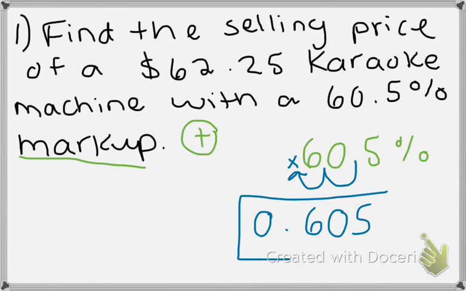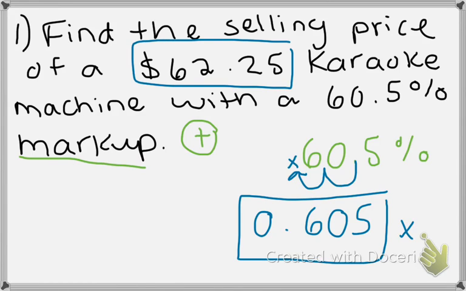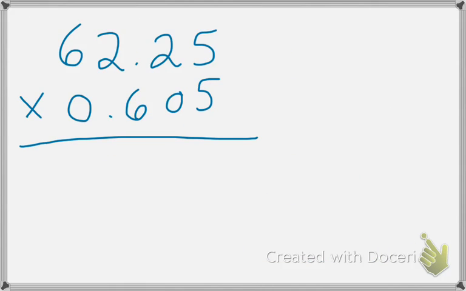So we're going to take this number and multiply it by the karaoke machine price, which was $62.25. So when we multiply out 62.25 times 0.605, we get this number, 37.66125.